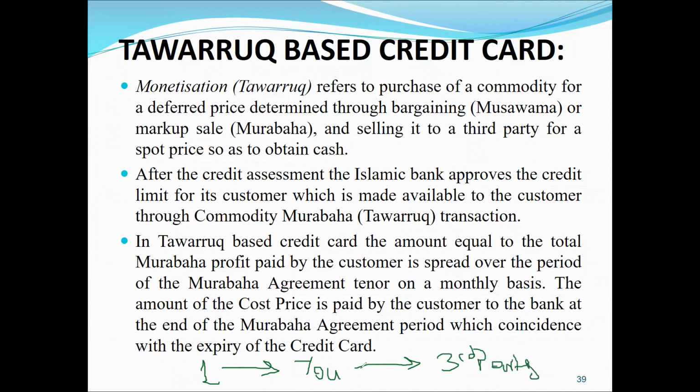When you resell it, in return you receive the money. And that money you pay in installments to the bank, as you agreed before buying the commodity. Do you have any questions? If you don't raise any question, it means you don't have any questions. Okay, let's move further.